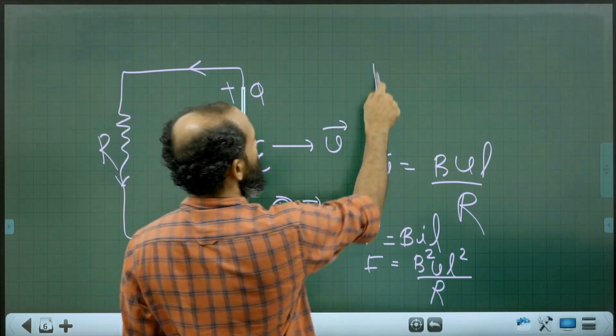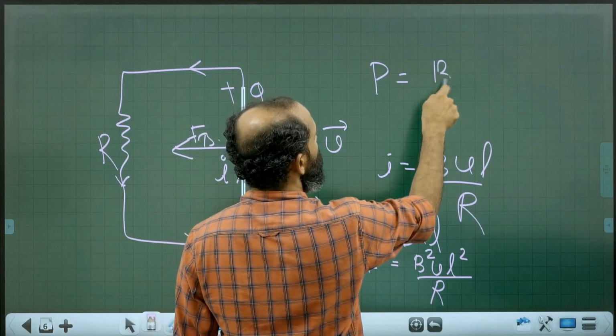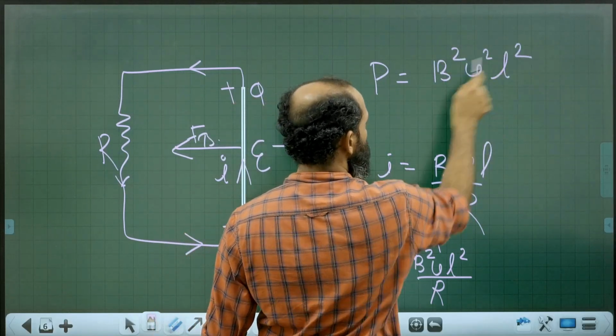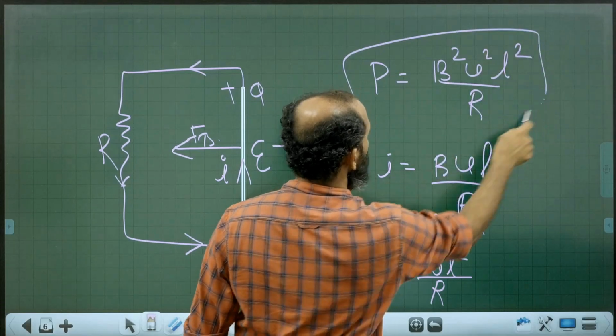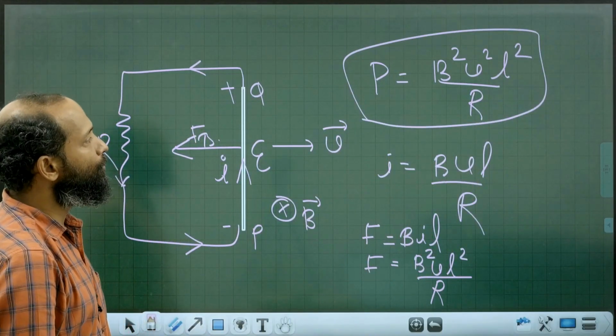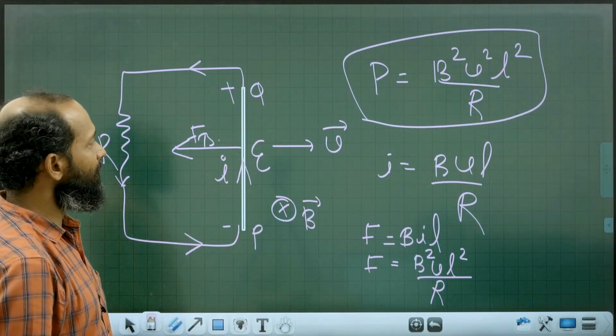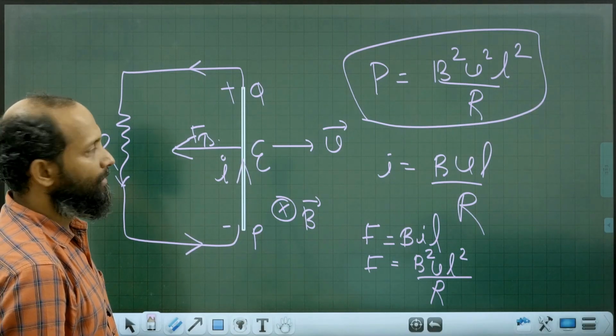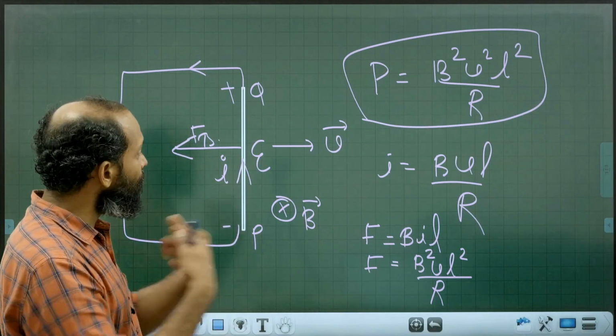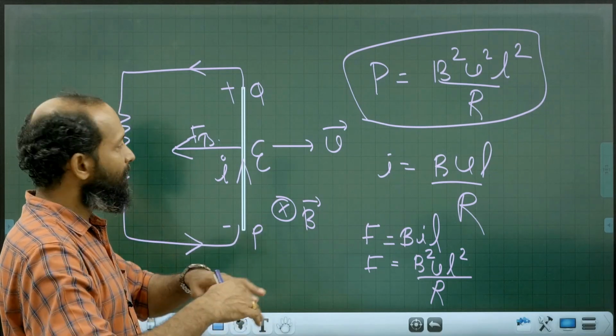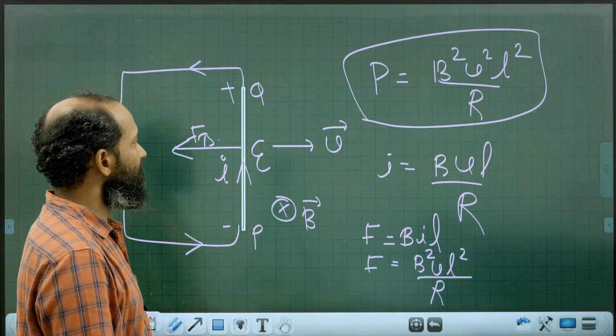But that needs a mechanical power consumed that is equal to B square, V square, L square divided by R. So that is the power needed to make this conductor move at constant velocity. You cannot accelerate it.